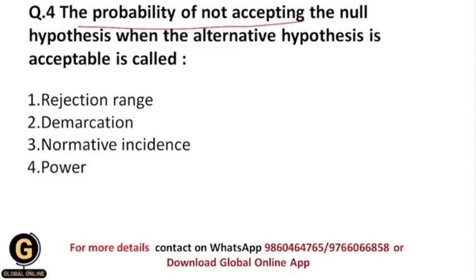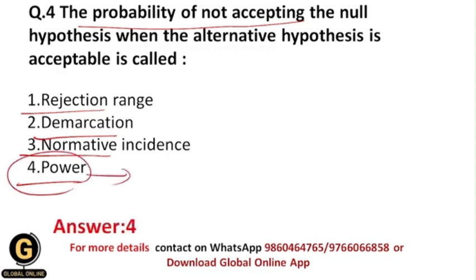Whether it is a rejection range, demarcation, normative incidence, or power. So students, your correct answer should be power, because power is the probability of rejecting the null hypothesis when in fact it is false.